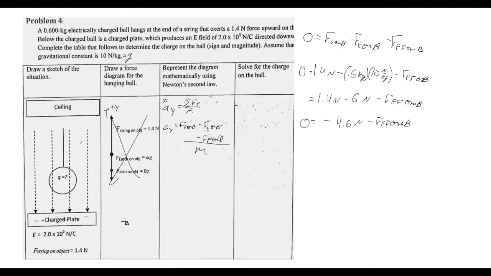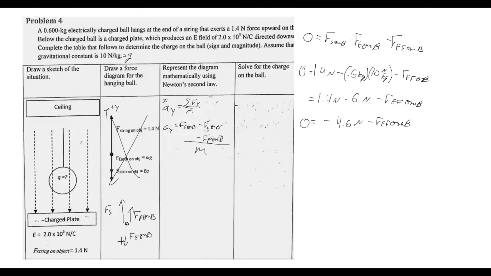The correct force diagram would have this, which is the force of the string, and this, which is the force of the plate, all minus the force of the earth on the ball. This is the only way for the force of the string to be 1.4 newtons, because the force that the earth exerts on the ball is already 6 newtons.